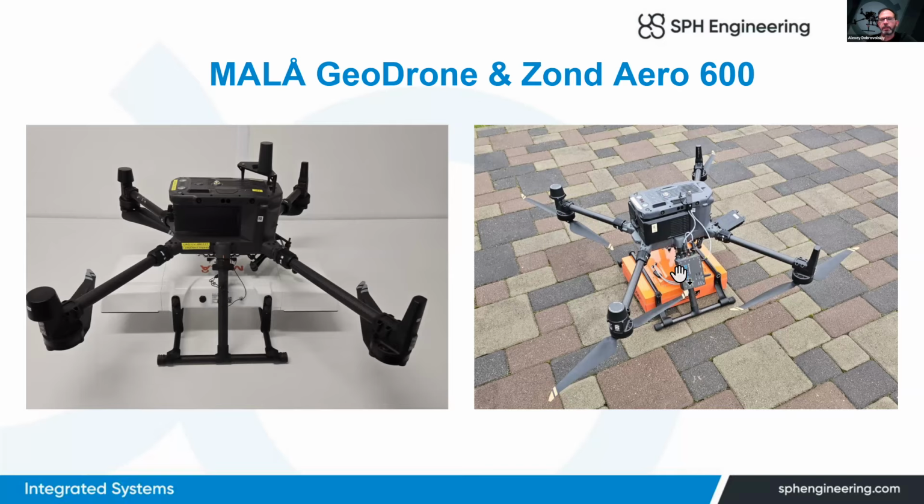And here the orange box is the Zontaira 600 radar system. 600 means the central frequency of the GPR, and actually it's a main parameter of a GPR.